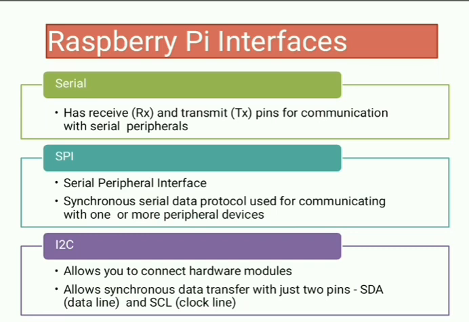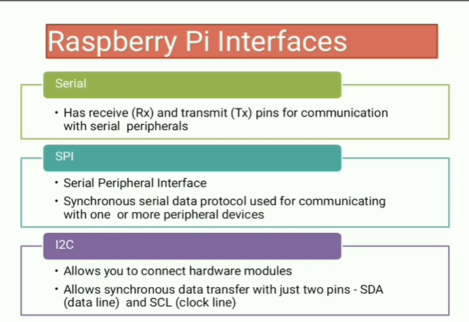Along with that, Raspberry Pi also includes a second type of interface, the serial peripheral interface, which is also called SPI. SPI is a synchronous serial data protocol which is used for communicating with one or more peripheral devices.